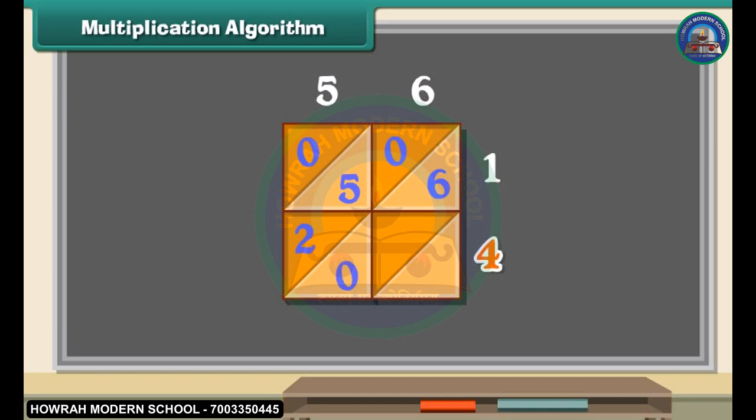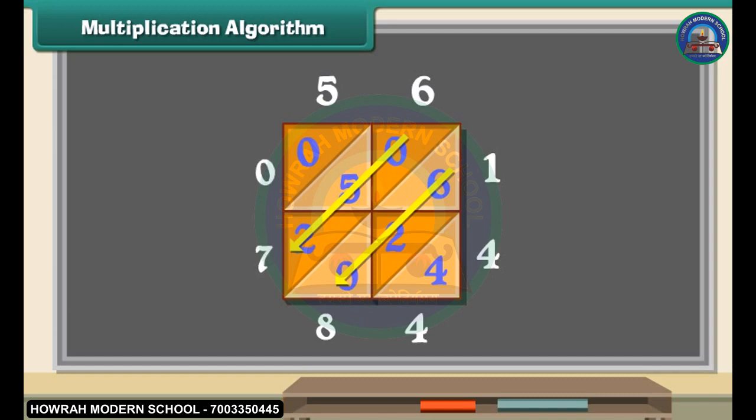Finally multiply 4 and 6. The result is 24. Write 2 in the tens place and 4 in the ones place. Now add the numbers in each diagonal column starting from the bottom. 4 is equal to 4. 6 plus 2 plus 0 is equal to 8. 0 plus 5 plus 2 is equal to 7. 0 is equal to 0.